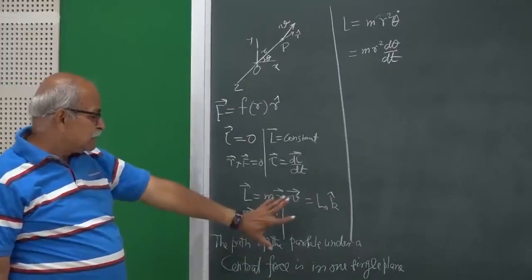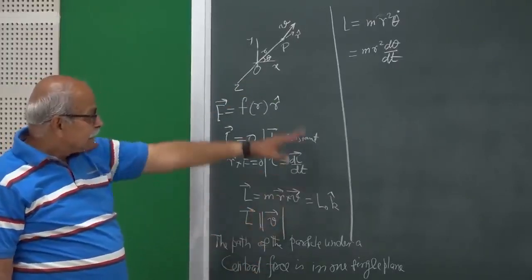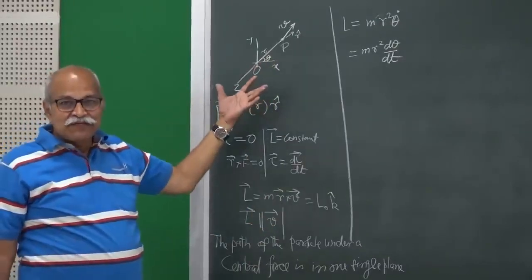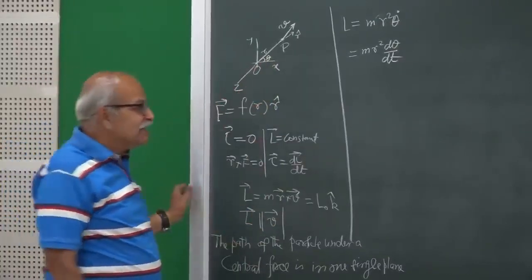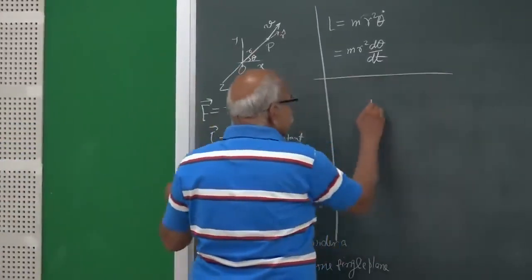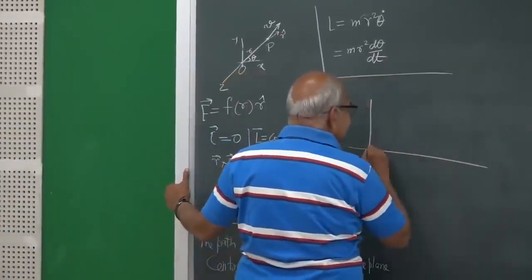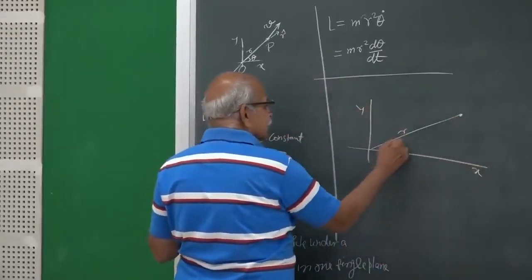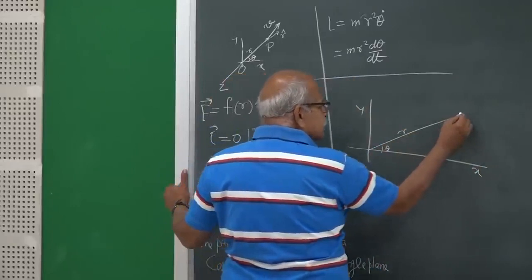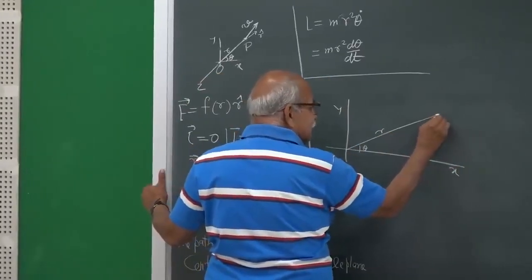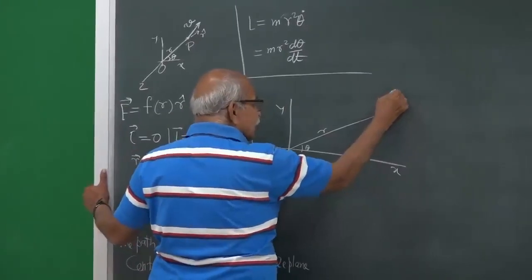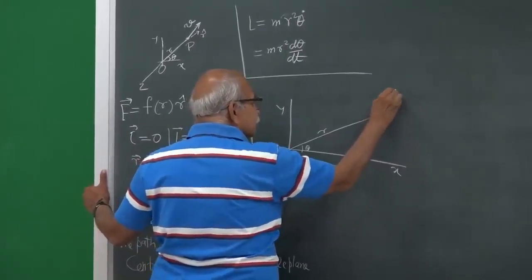The path is in one single plane, and now we are going to derive yet another beautiful property under central force motion, and that is, if the particle at time t is somewhere here, this is x axis, this is y axis, this is r, this is theta, and in dt time it reaches somewhere here, and this time the velocity is v.